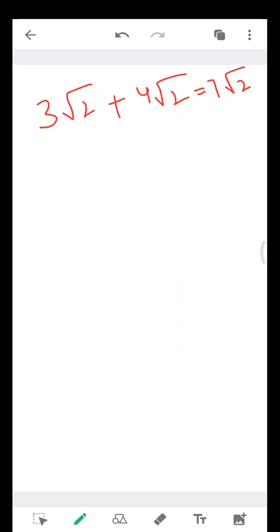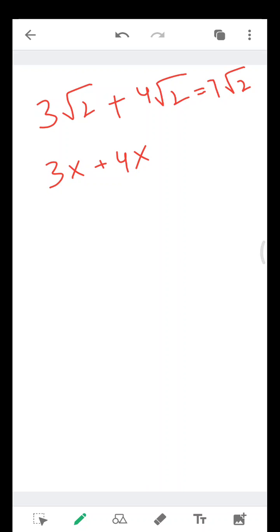Now if I have a question like 3 root 2 and 4 root 2, what will be the answer for this? You can write 3 times root 2 and 4 times root 2. When you add, you will get 7 times root 2. You should not write root 7. It's like 3x plus 4x.